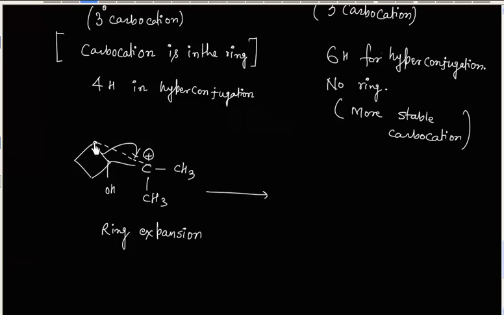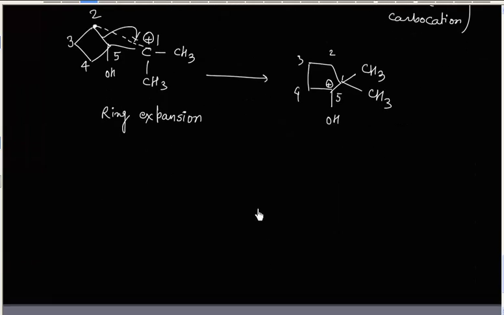So what we will have is, this carbon and this carbon are connected. So we have a 5-membered ring, and carbon number 1 will have 2 CH3 groups. Carbon number 5 has an OH group. So this is 1, 2, 3, 4, 5, and carbon number 5 will also have a positive charge.